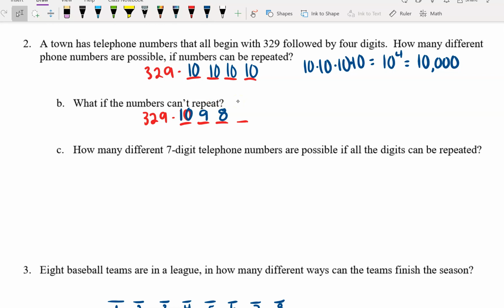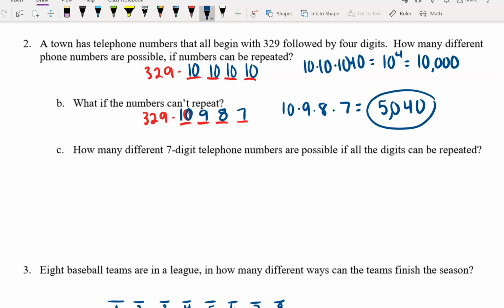And then if you're not allowed to repeat those 3, there's now only 7 options left. So we're going to be doing 10 times 9 times 8 times 7, which I'm going to need a calculator for. 10 times 9 times 8 times 7 is 5,040. So significantly fewer options if you're not allowed to repeat those digits.